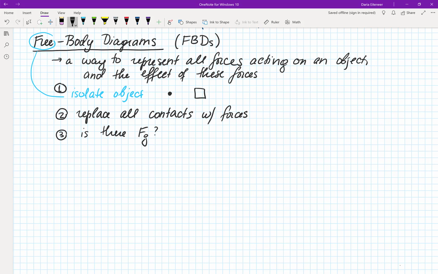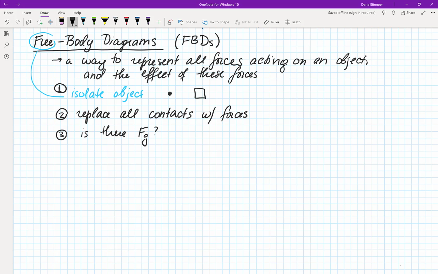The only situations where a force of gravity is not acting are when an object doesn't have mass, which is very rare, unless the mass is so tiny that we can pretty much ignore it. Another scenario would be an object that is really far away from anything that can exert gravitational force, such as planets, stars, and so on. We have not talked about gravitation yet. That's coming up. Not today, though, so we'll get to that.